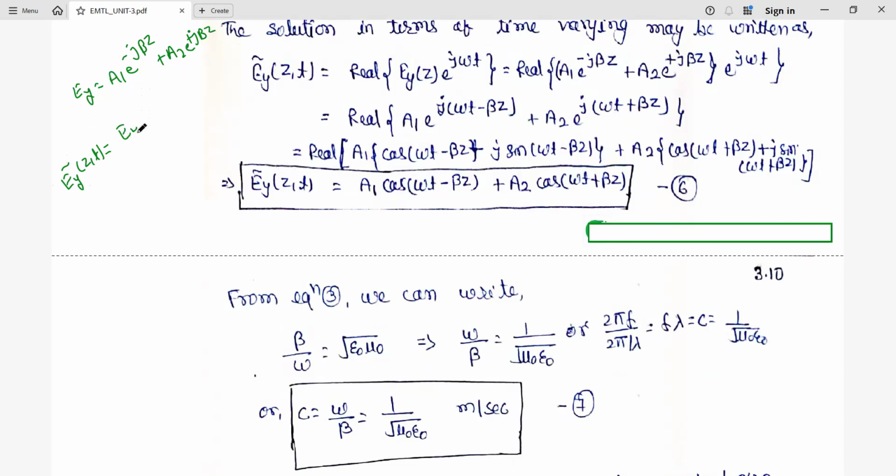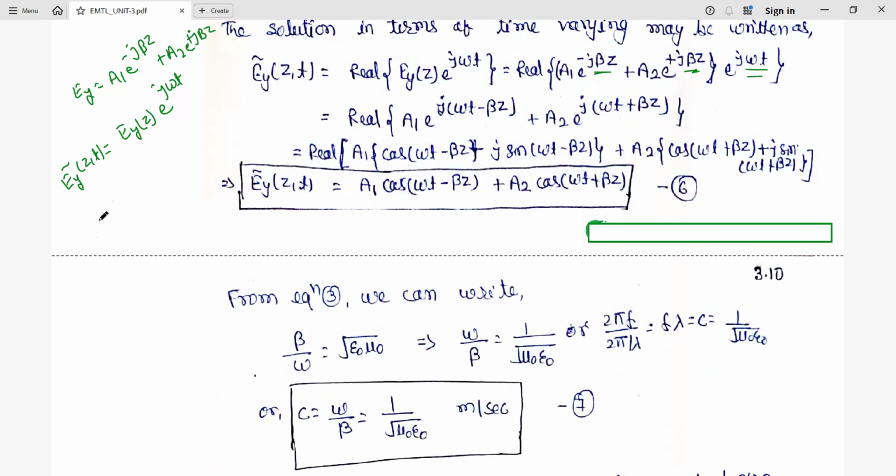This equation, which is the function of z, is being multiplied by e to the power j omega t, so the exponents are added together. Finally we get one exponent omega t minus beta z due to these two, and omega t plus beta z due to the other two.